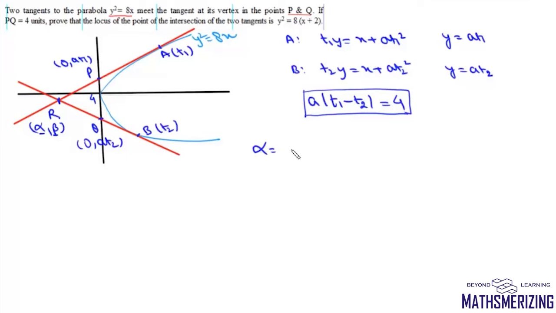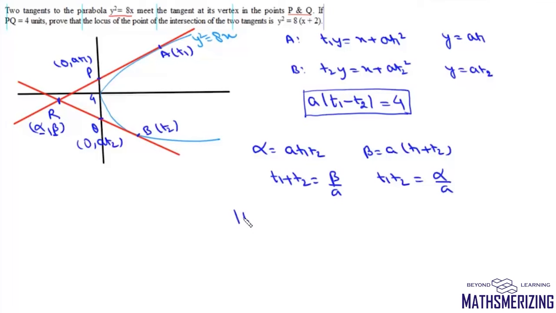We know that alpha is a t1 t2 and beta is a (t1 plus t2), because that is the result for the point of intersection of tangents drawn at 2 points on a parabola. Now we need to find t1 minus t2. So from here we write t1 plus t2 as beta upon a and t1 into t2 as alpha upon a.